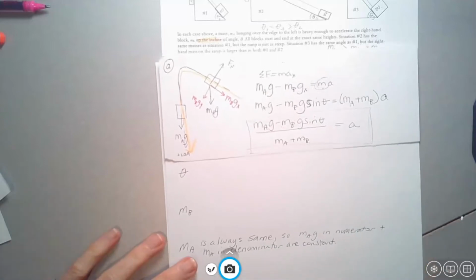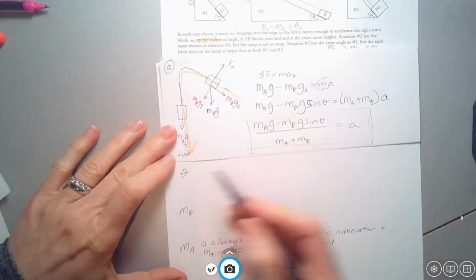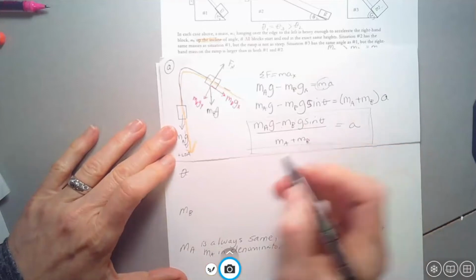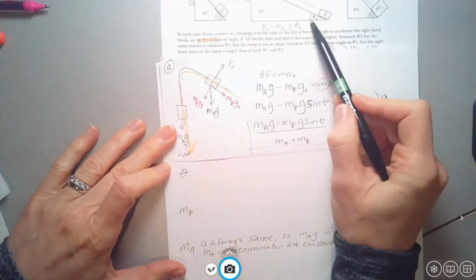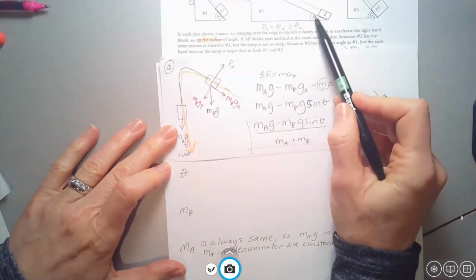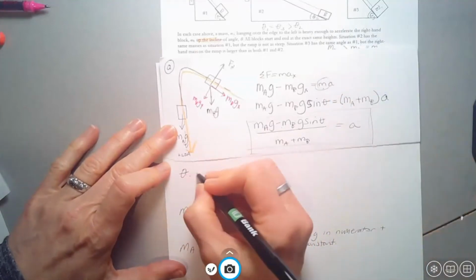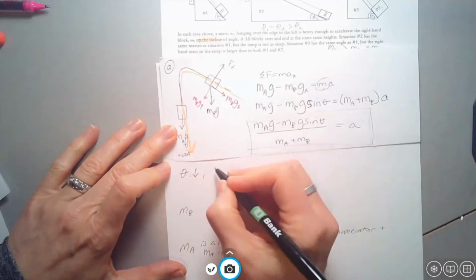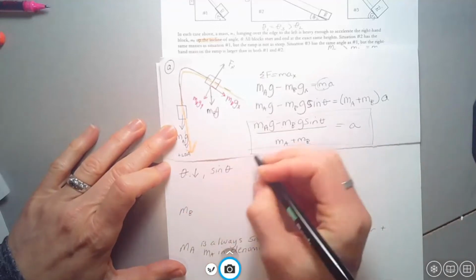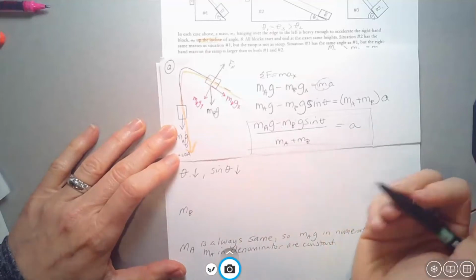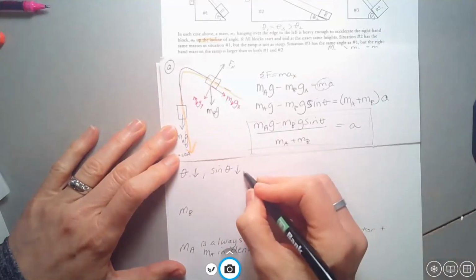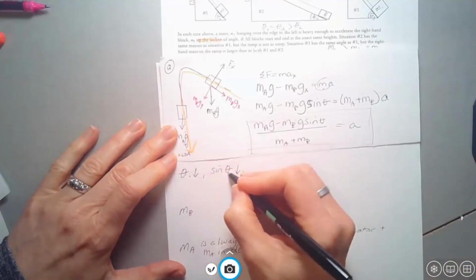Okay, so now what's the effect of changing theta? So theta is only in one place. So when you have the second one where the theta is smaller, so when theta goes down, what happens to sine of theta? That's also going to go down. You could check that on your calculator if you want to. Right? So when this goes down, this goes down.